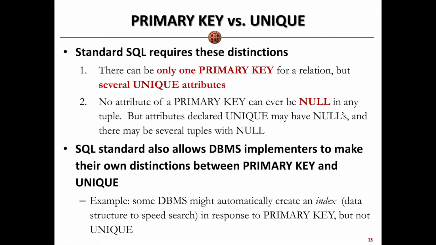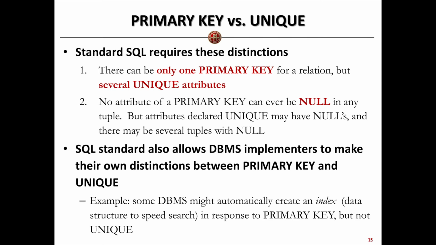Okay, so the SQL standard also allows the DBMS implementer to do something in the backend for these two keywords. For example, some DBMS may automatically create an index table in response to the primary key, but not for the unique key. We will mention later what an index is. An index denotes a table, which is a data structure to speed up the search in the backend.